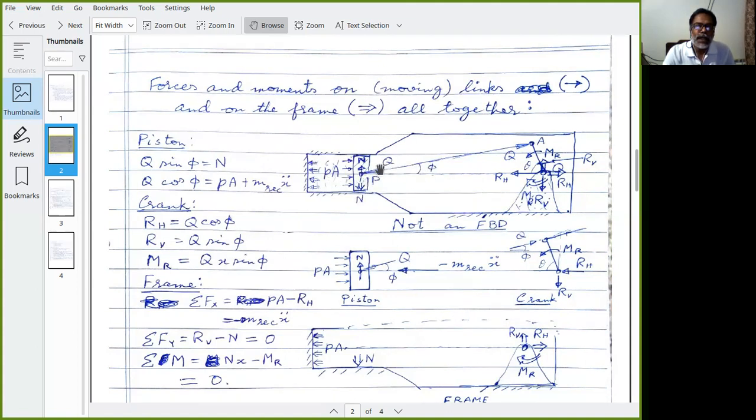As Q, that force is Q acting at the CG of the piston, and one component of it will act on the frame like this downward, because in that direction the piston doesn't have freedom to move, so in that direction that force will act on the frame, and as the normal reaction, it will apply a force on the piston upward.